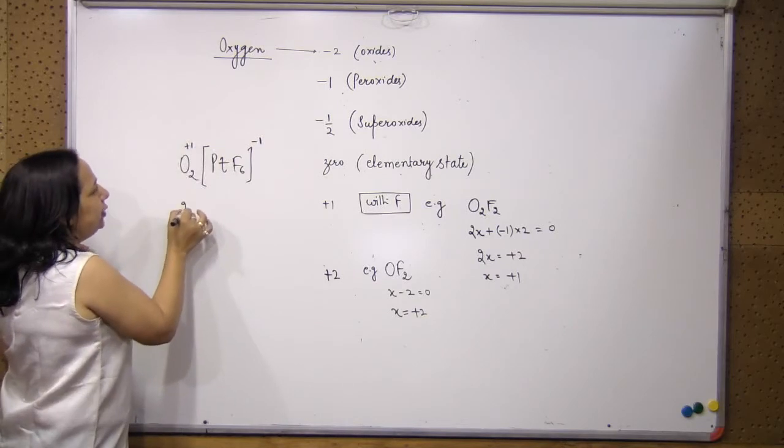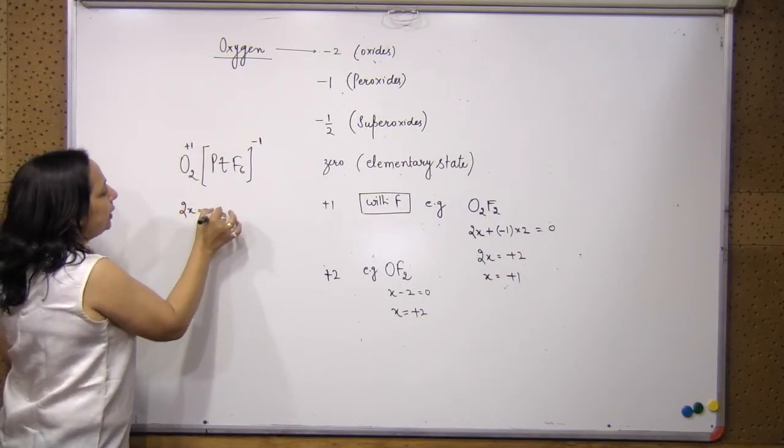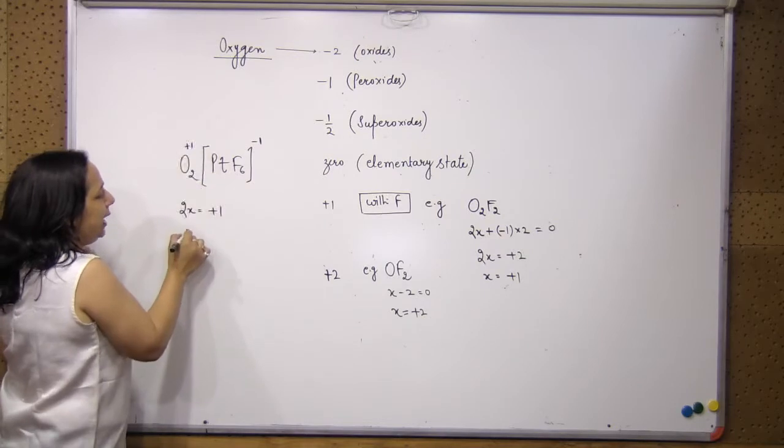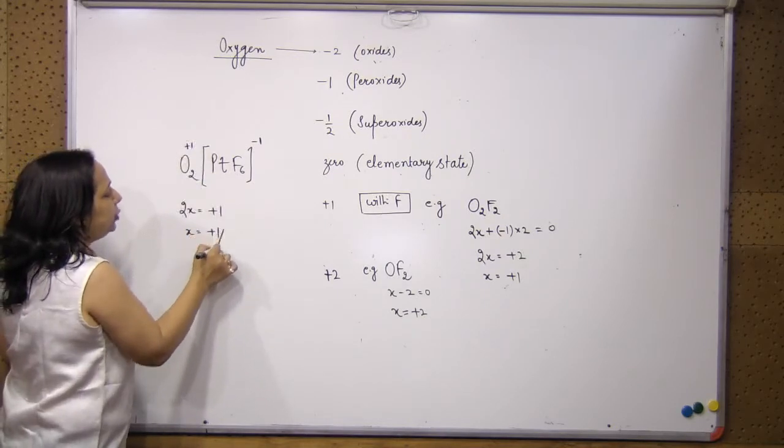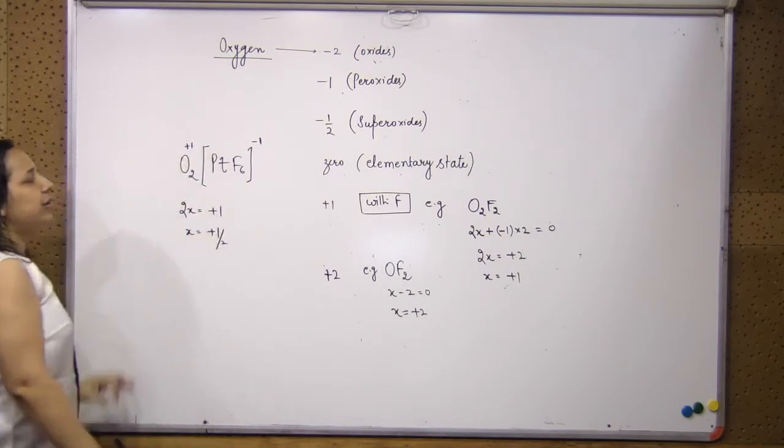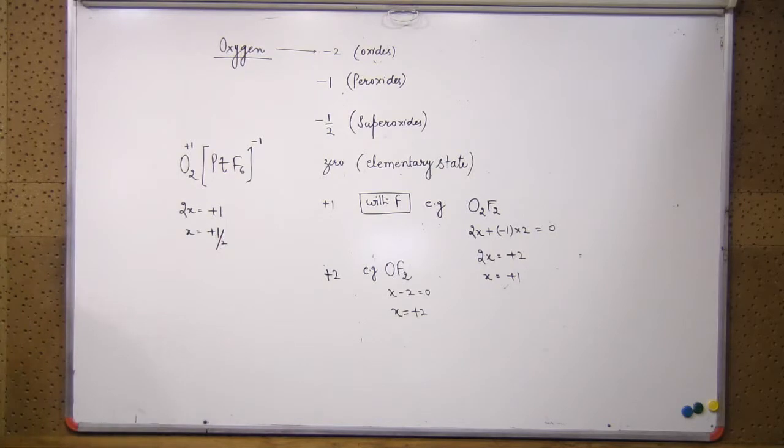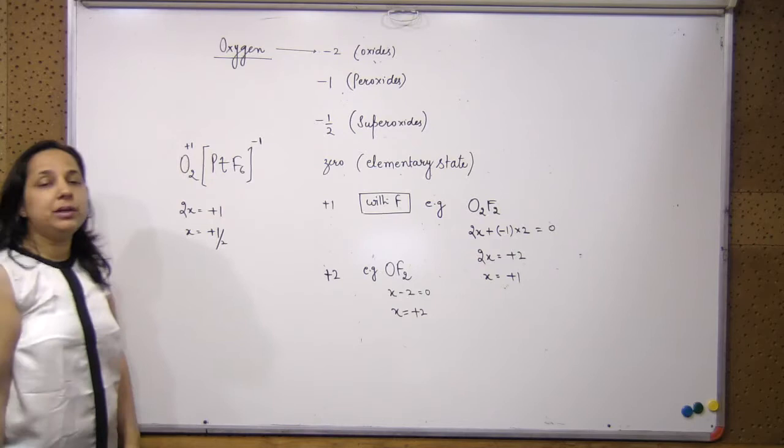It means 2x is equal to +1, that is oxygen's charge. X comes out to be +1/2. It means variations in oxygen are large in number. We are having -2, -1, -0.5, 0, +1 and +2. Even +0.5 is also possible in one compound.